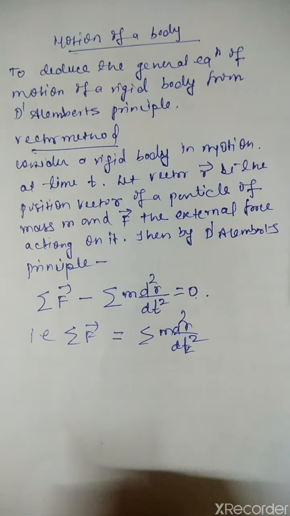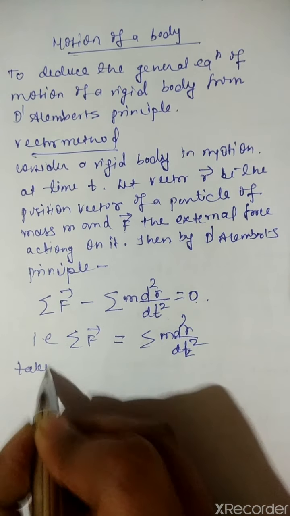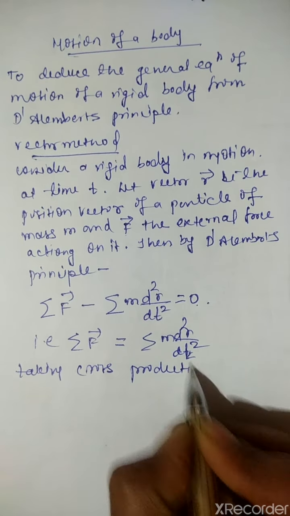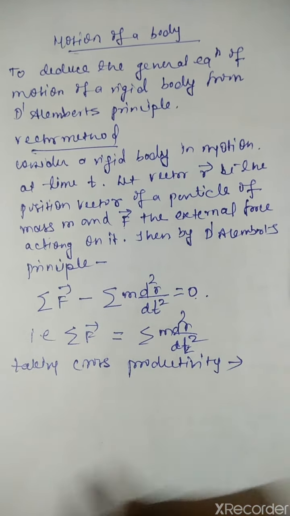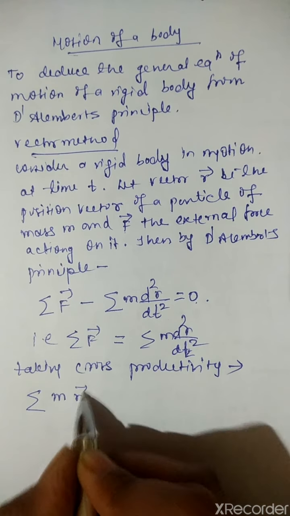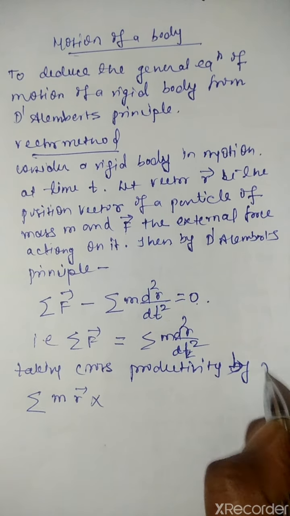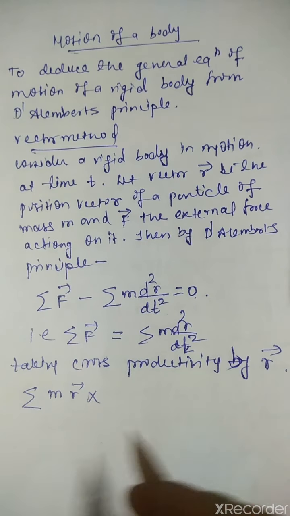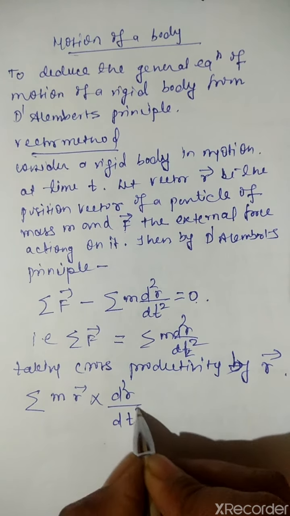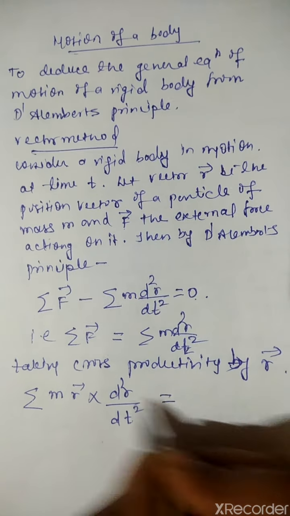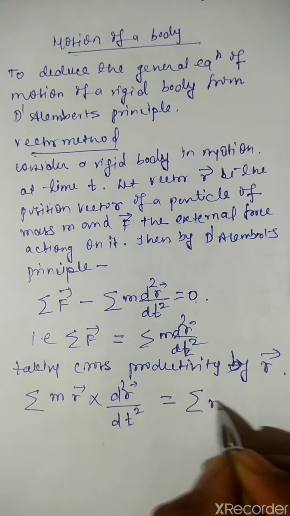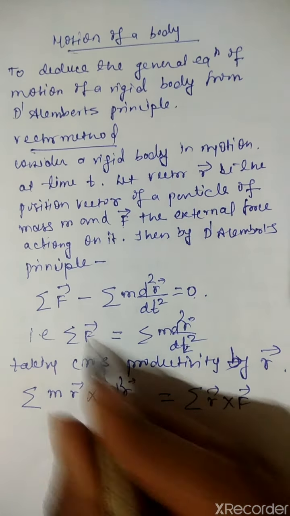Taking the cross product, we multiply by r with cross multiplication, so we get r cross m d2r by dt square. These are all vector quantities, so we have r cross F in this way.